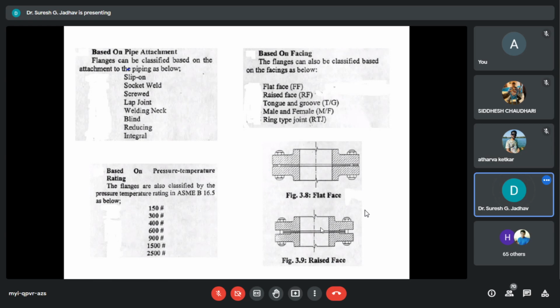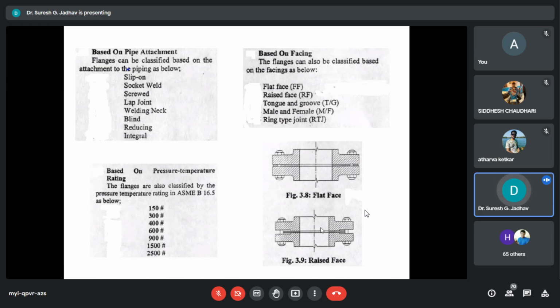So we can find out the different kinds of flanges we need to consider in piping industries.